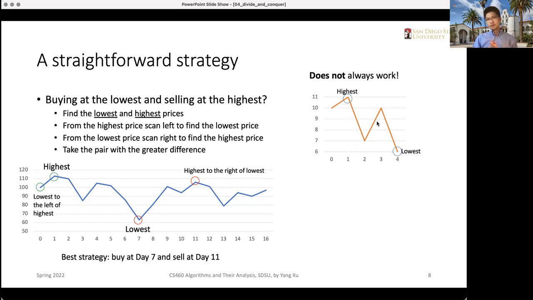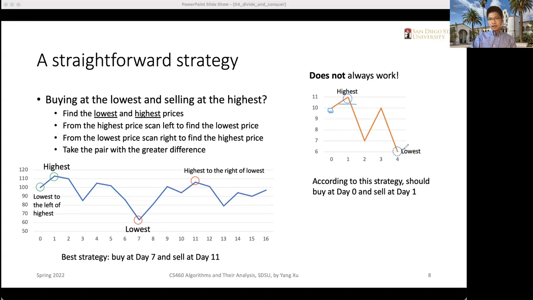So if we stick with this old strategy, say we find the global highest point and the lowest point, after we find the highest point here, we have to buy it here, right?